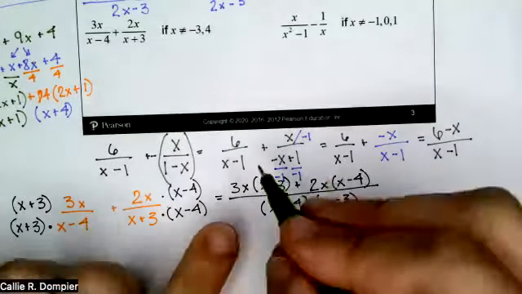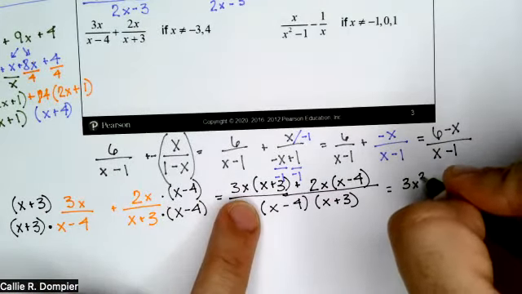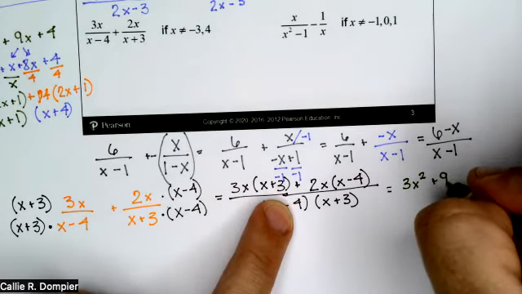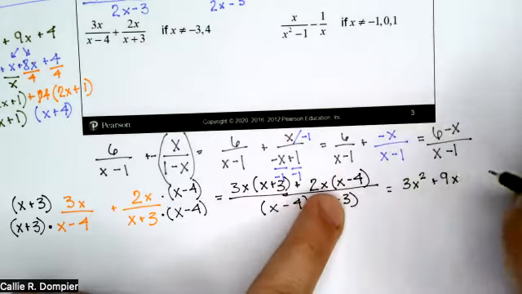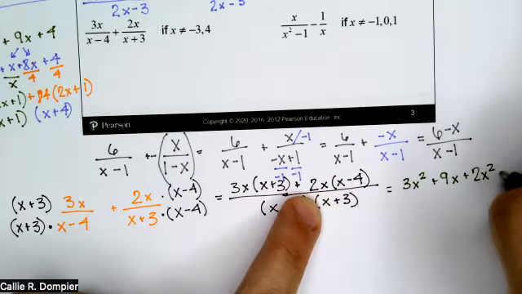Use a different color. 3x times x becomes 3x squared. 3x times positive 3 is 9x. 2x times x is 2x squared. 2x times a negative 4 is minus 8x.